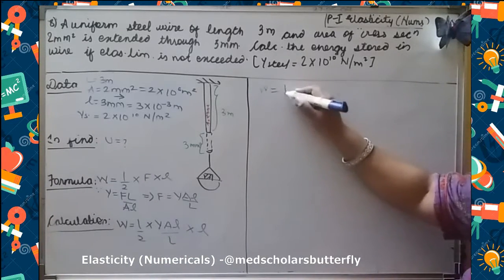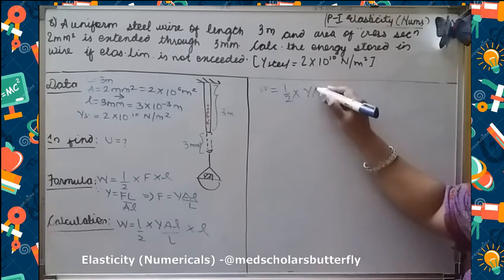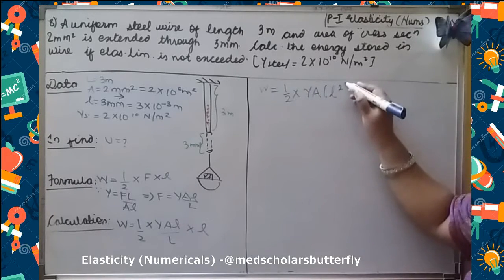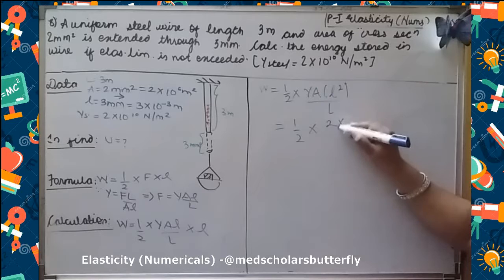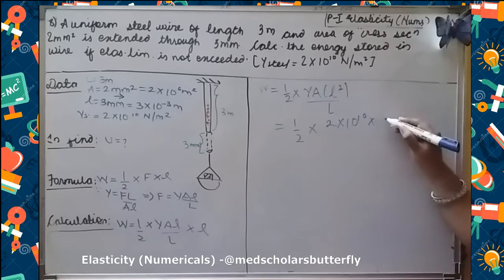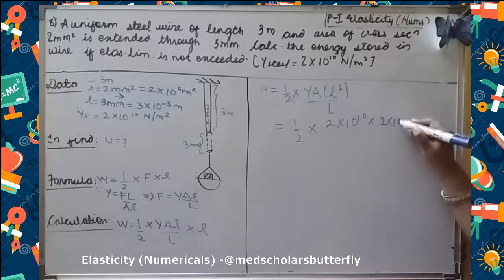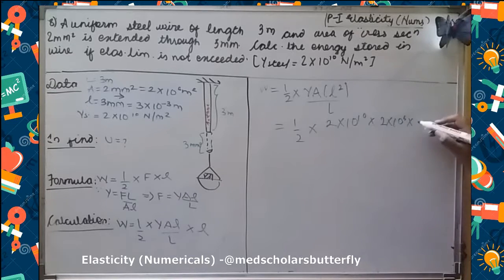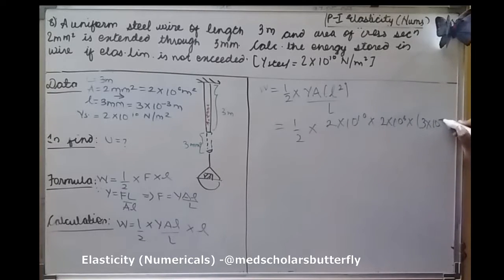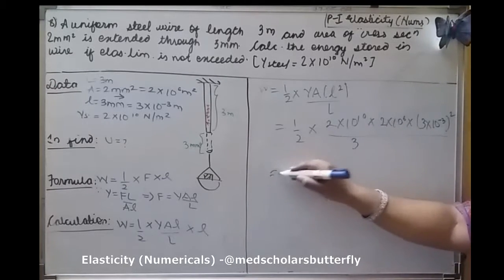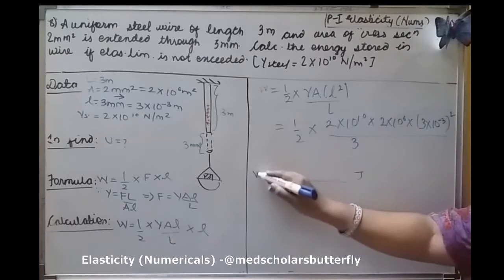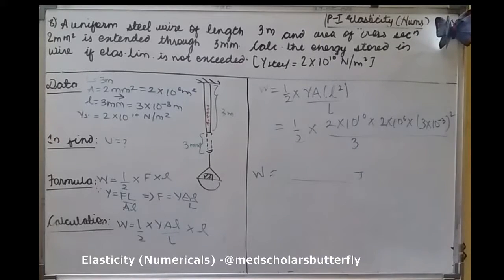This will be nothing but half into Y A l square upon L. Let us write down the values. Y is 2 into 10 raised to 10, A is 2 into 10 raised to minus 6, l square is 3 into 10 raised to minus 3 the whole square upon L is 3. You will solve this and you will get your stored energy.